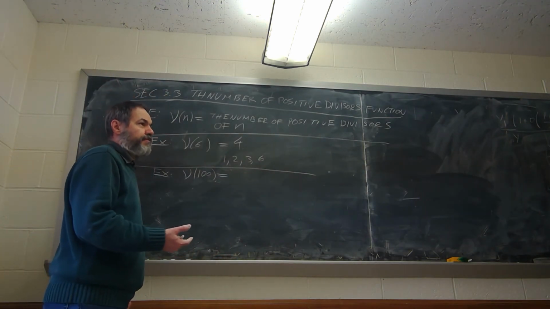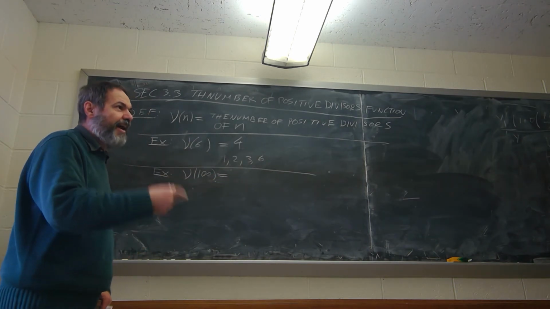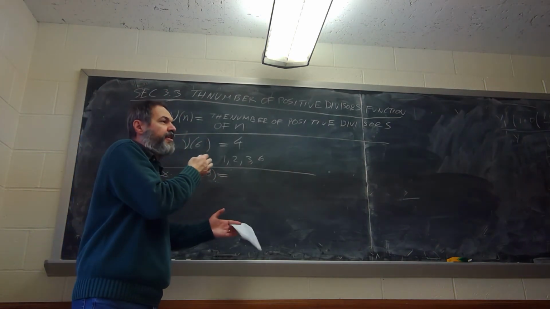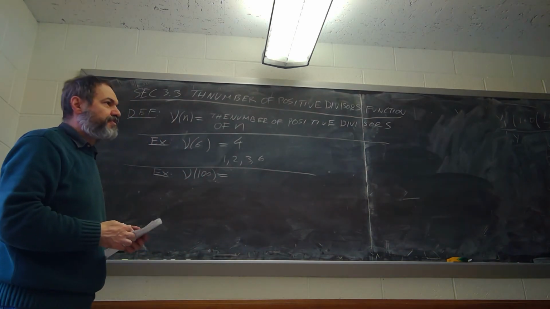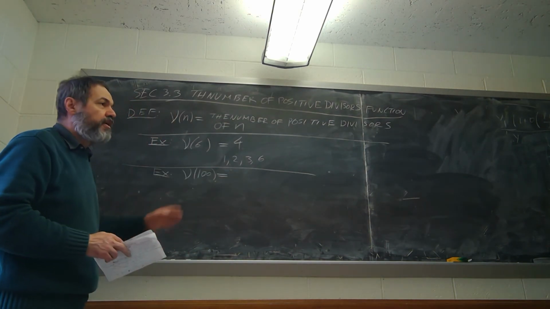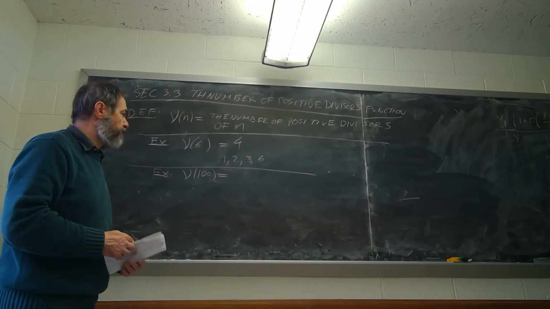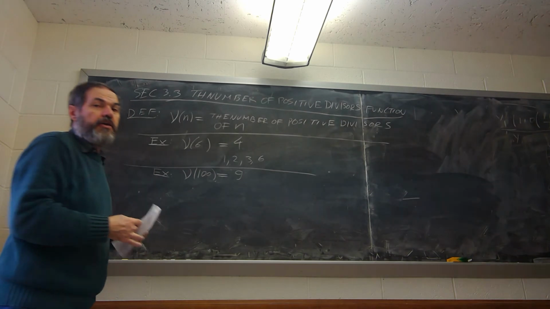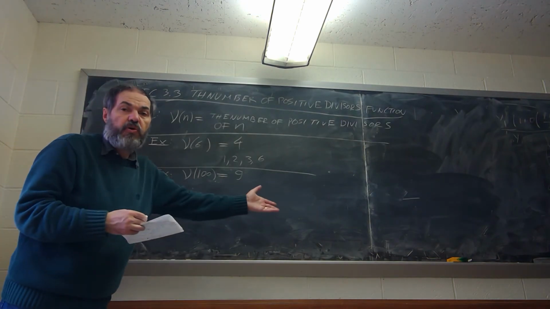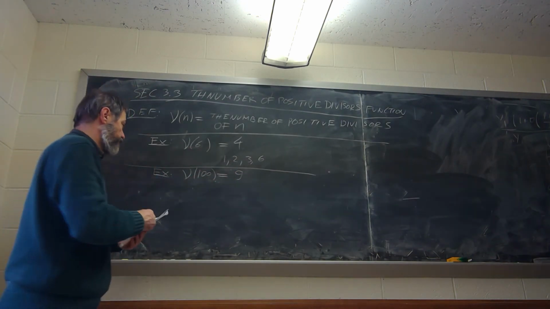The formula uses the powers of the prime factorization. Exactly, that's what I was thinking about, applying the formula. We'll talk about it in a moment, but let's see this just by definition. I'm saying this is 9, and to double check, I list all the divisors of 100.